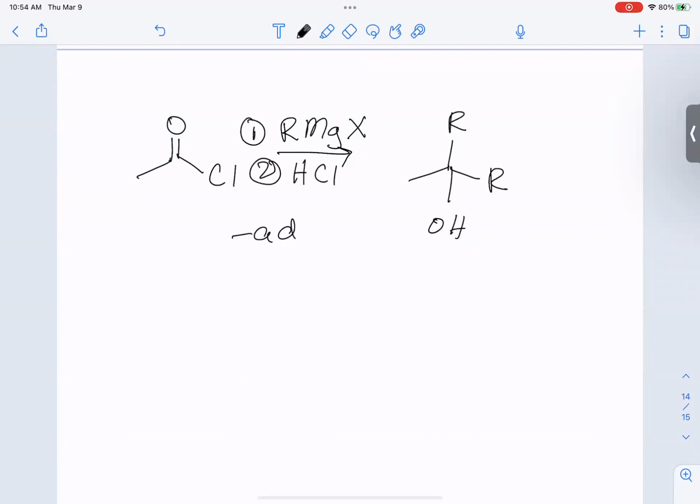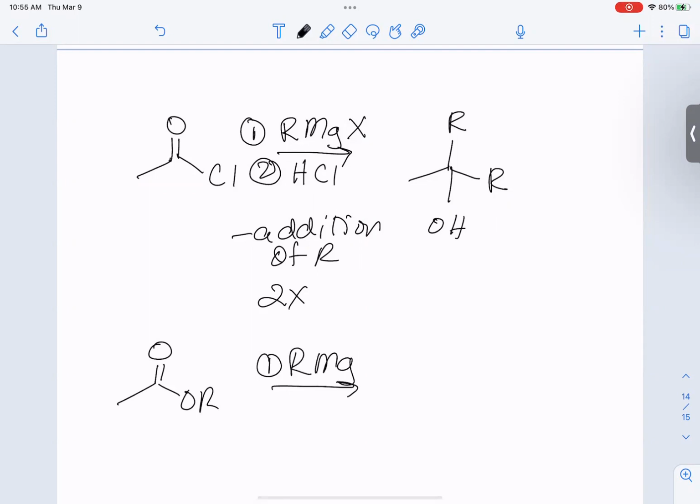So you get addition of R 2 times. Same thing if you have an ester. If you add a Grignard, you get addition of R 2 times.